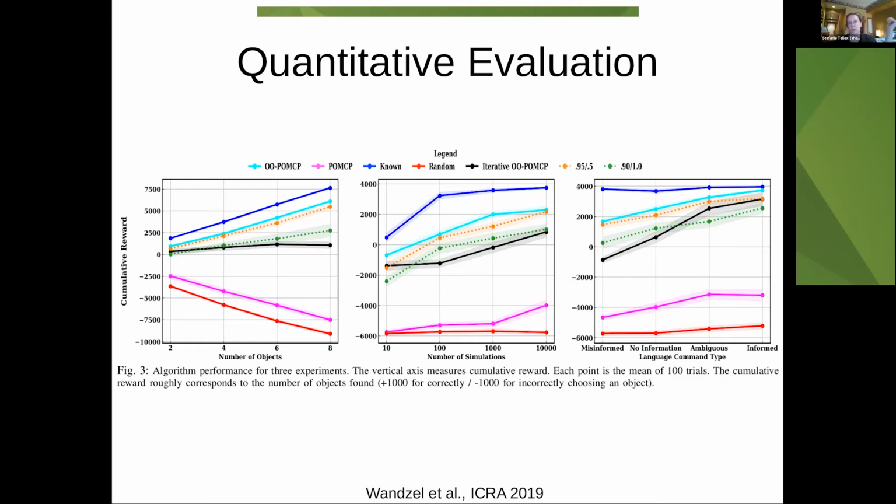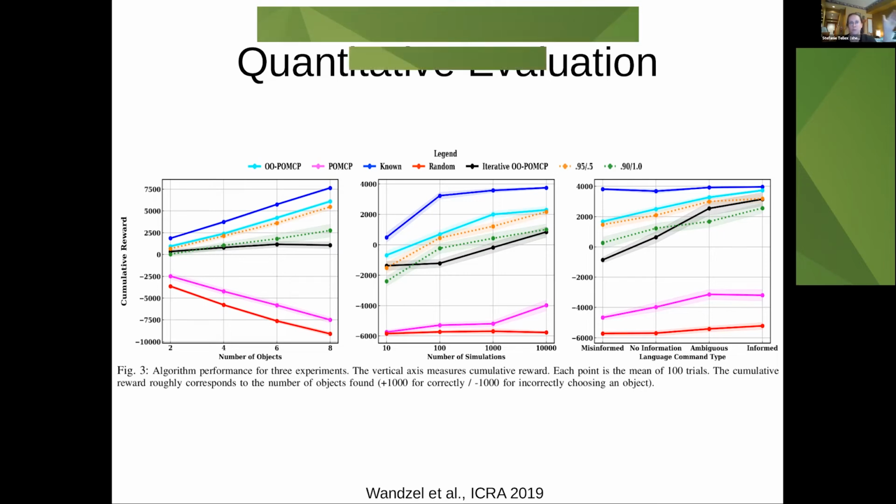Ambiguous is where the person tells you in language, it's in the kitchen or the living room, and it is in one of those 2 rooms, but you don't know which. And then last is the informed case, where the person says it's in the kitchen, and it really is in the kitchen. On the y-axis, we're showing the reward, and you basically get rewards for finding objects quickly.